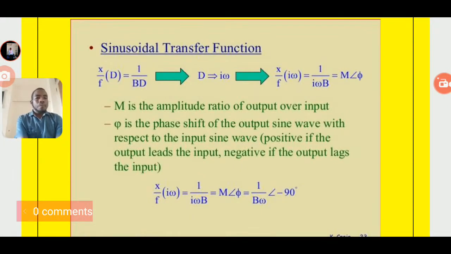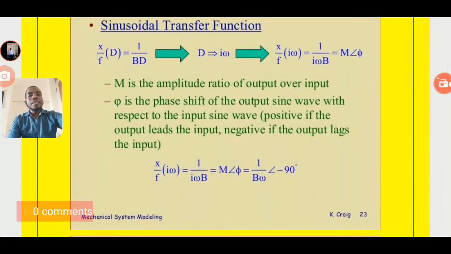In the case of the damper element, the sinusoidal transfer function is x by f into D is equal to 1 by bD. Which implies that D is equal to i omega, so x by f into i omega is equal to 1 by b omega, which is m at angle phi.